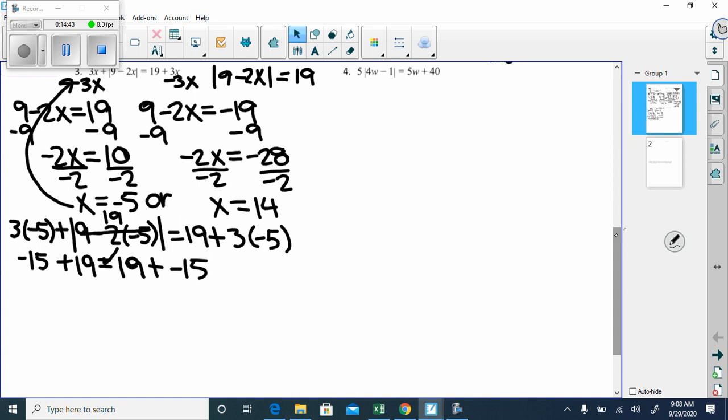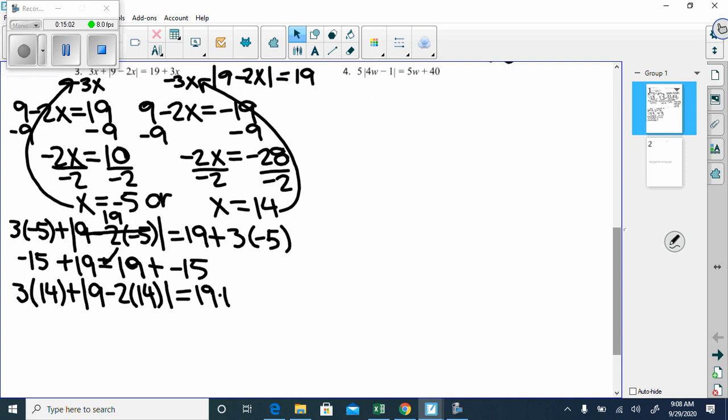All right, now I have to check it with 14. So I have 3 times 14 plus 9 minus 2 times 14 is equal to 19 plus 3 times 14.